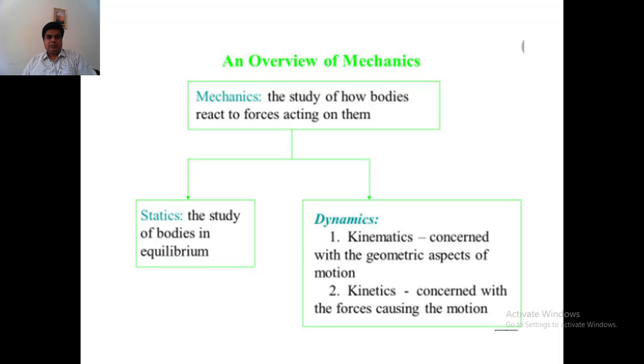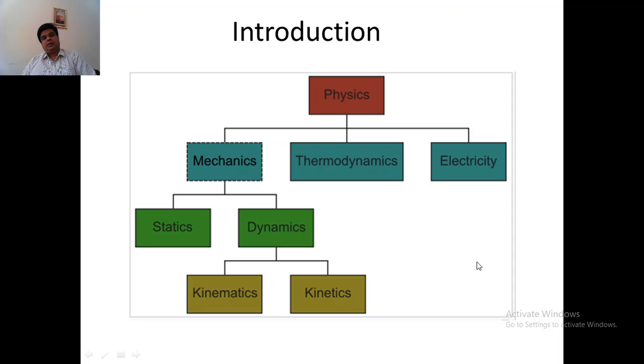So here, coming to the introduction, mechanics comes under what is called science or physics. You have been learning physics maybe from high school itself, and in physics you learnt about a lot of forces and how to resolve the forces with some applications.